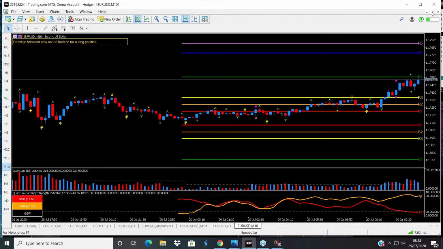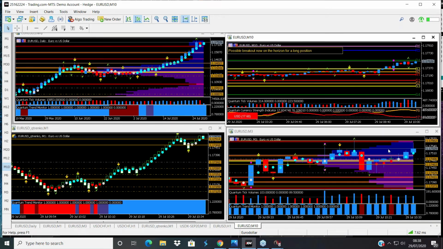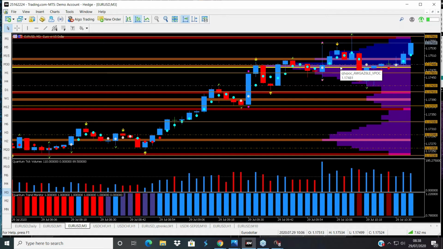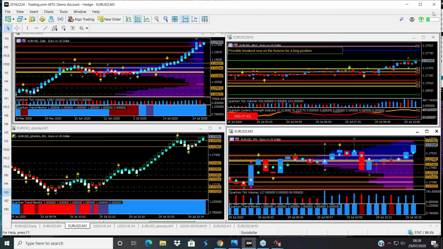So I know why this has come to a pause on this particular move that I've seen here on the 3-minute chart. Now, the nice thing about it is the VPOC has moved up, and at the moment the price action is above it, so it is clearly supportive of the price action. If it's below, then it's acting as more of a resistance.